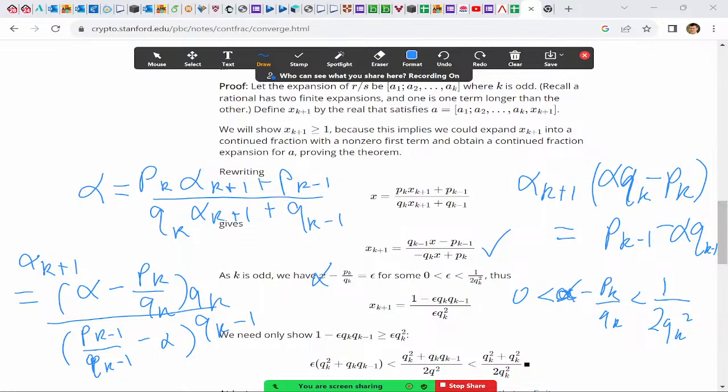How do we know it's positive? How do we know it's greater than 1? Oh, we don't yet, do we? That's the conclusion. If we can prove it's greater than 1, then we're done. How do we know x minus p_k on q_k is what we want?